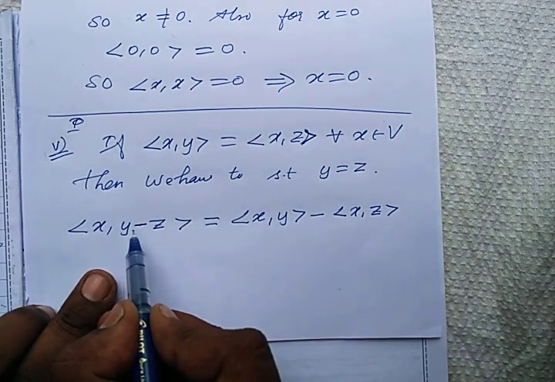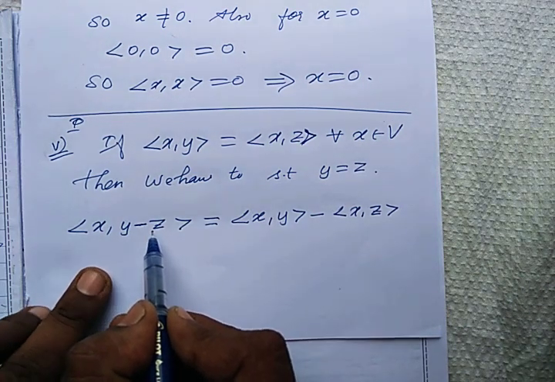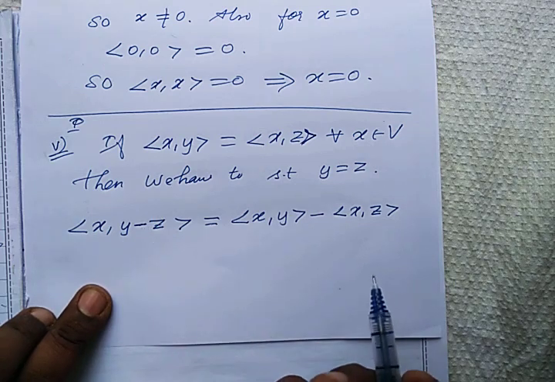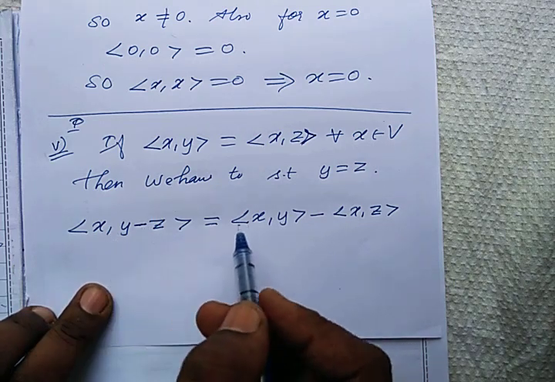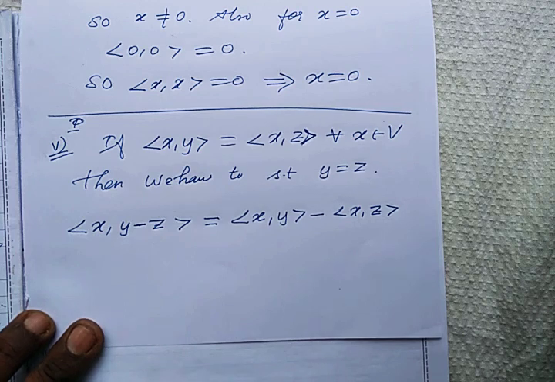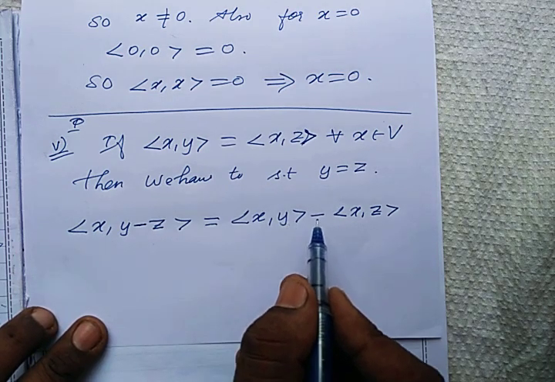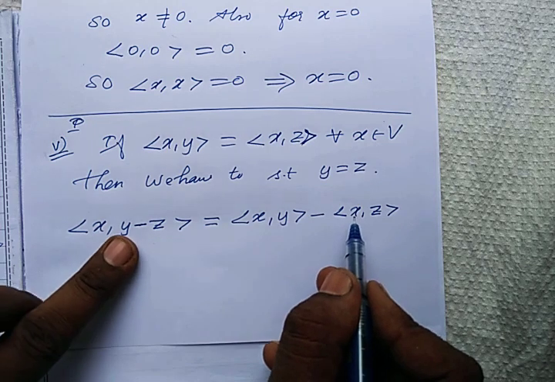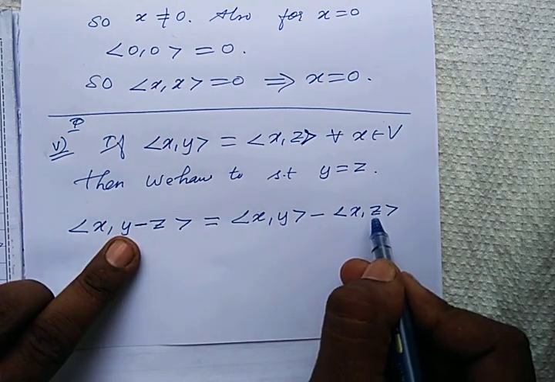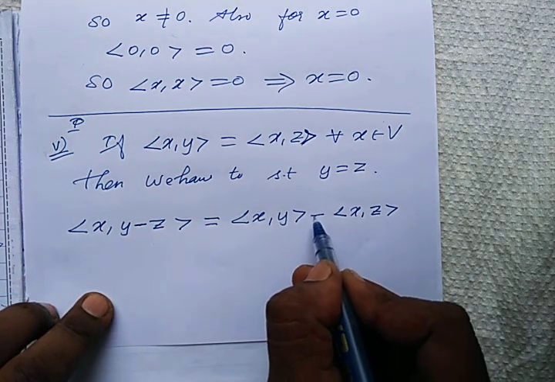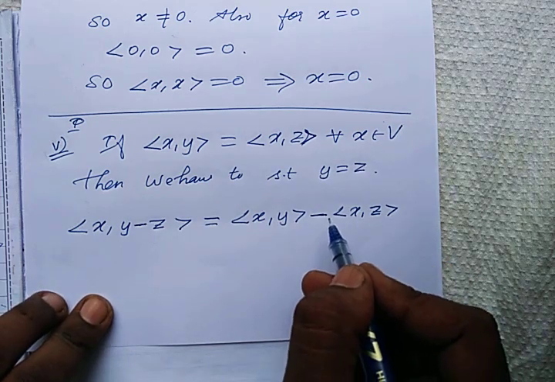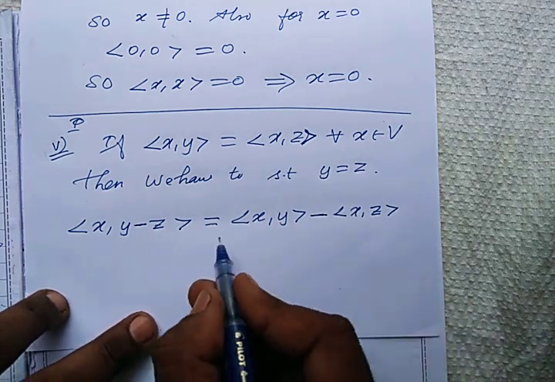Because it is y plus of minus z. The addition of the second component can be split. So we can write this as inner product of x comma y plus inner product of x comma minus z. That minus can be taken outside. Minus 1, the whole bar is minus 1 only.